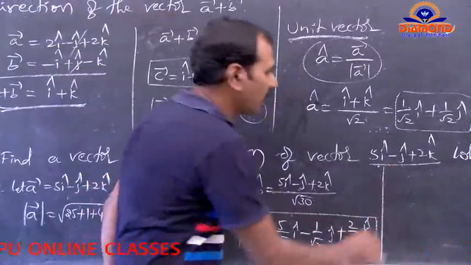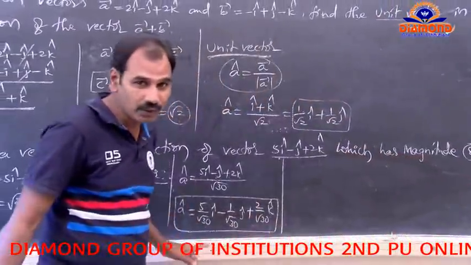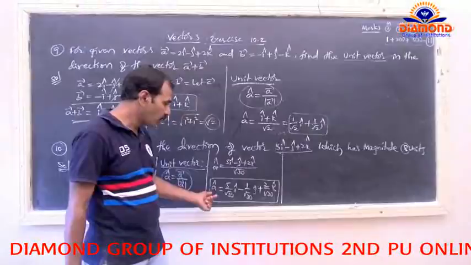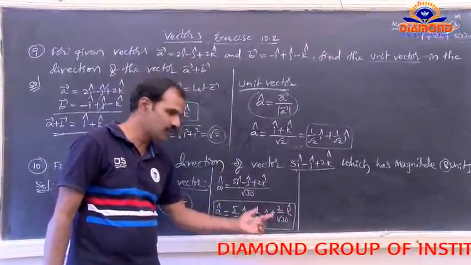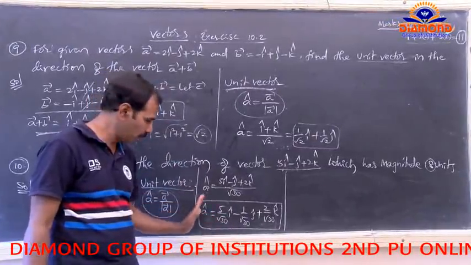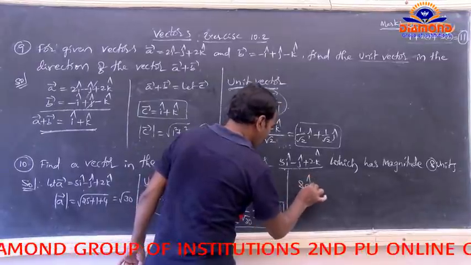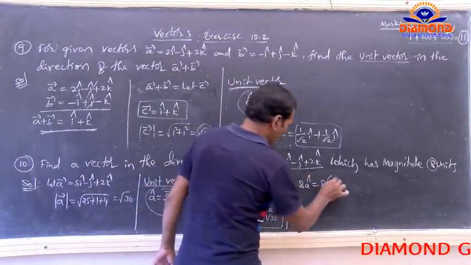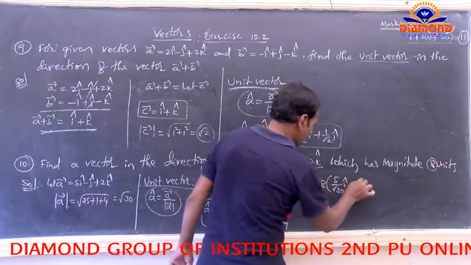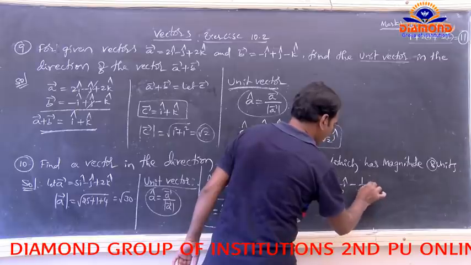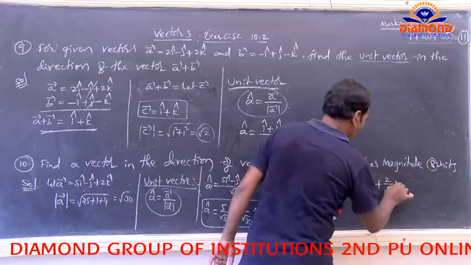So what do we want? The vector magnitude is 8 units. That's why you multiply both sides by 8, because the magnitude of the unit vector is 1. So you multiply both sides by 8: 8 a cap equal to 8 into 5 by root 30 i cap minus 1 by root 30 j cap plus 2 by root 30 k cap.